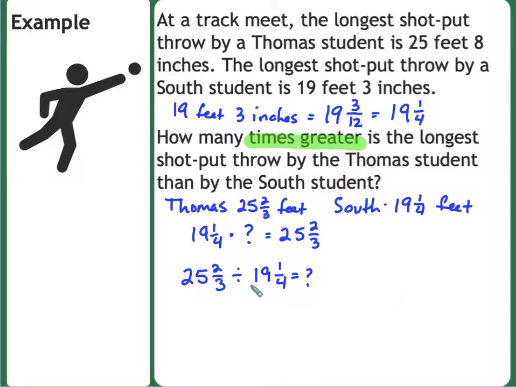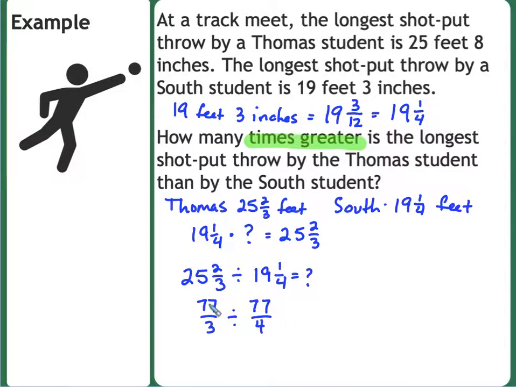All right, so let's go ahead and do that. So 25 and 2/3 is 77/3 being divided by 19 and 1/4, which is 76, and one more is 77/4. Ooh, how convenient.